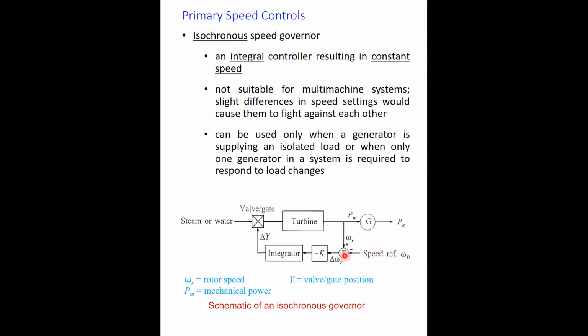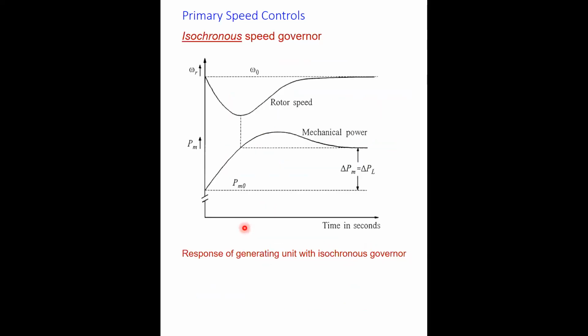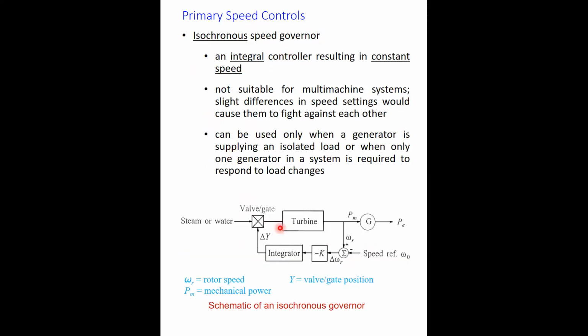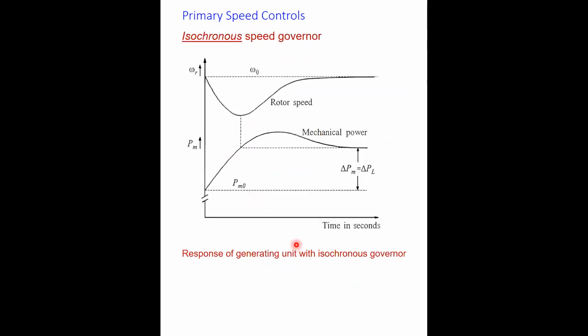Here you have the proportional controller and the integral controller, and then the valve position is regulated. In the case of the isochronous speed governor, since you have the integral, as you can see, this is the speed.